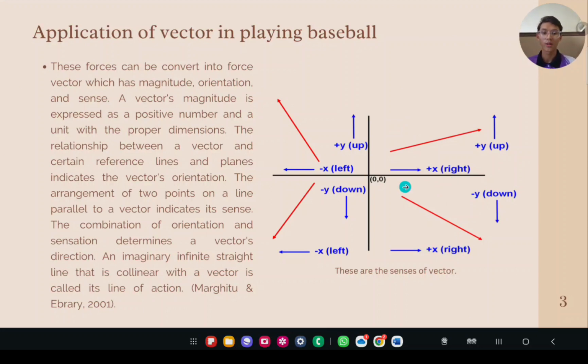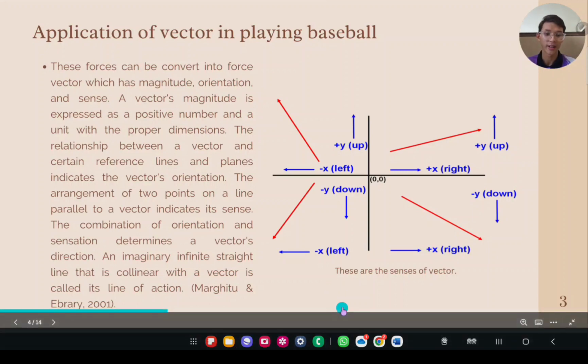If the force vector goes to the left, its unit will be negative, same as if the force goes downward. So the force vector will be negative. So the combination of orientation and sense determines a vector's direction.